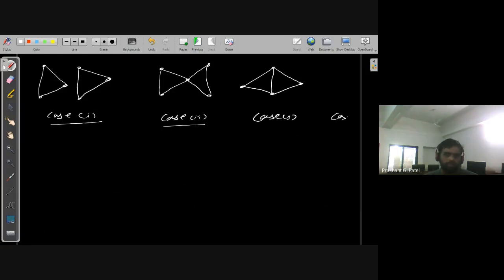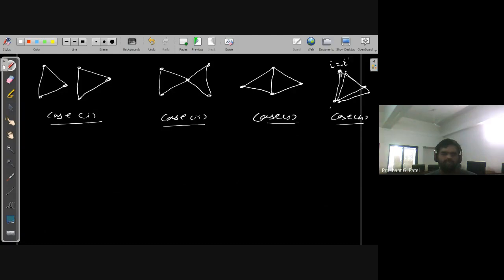And in case 4, you have two identical triangles. That means all these three vertices are the same. So I can say this is i same as i'. So there will be two identical triangles, like this.